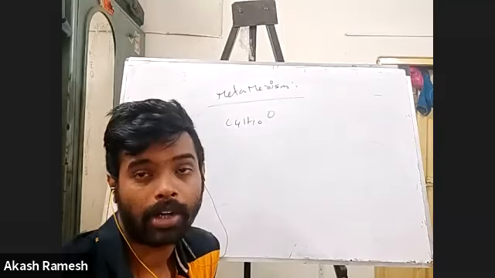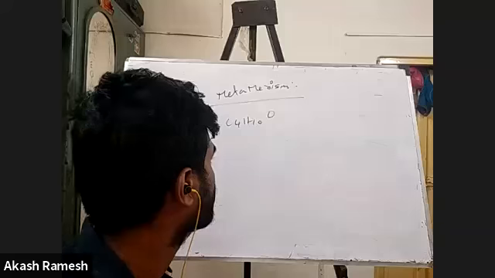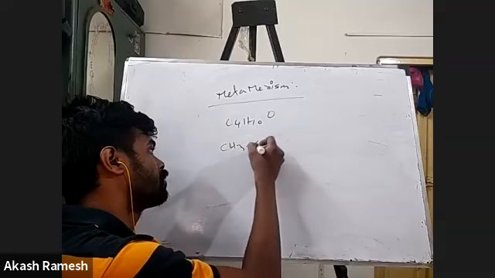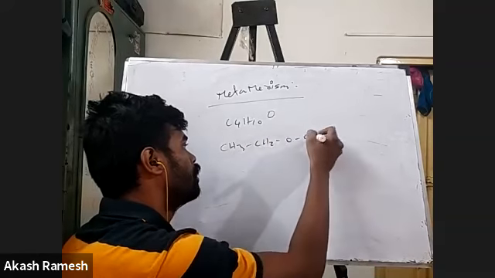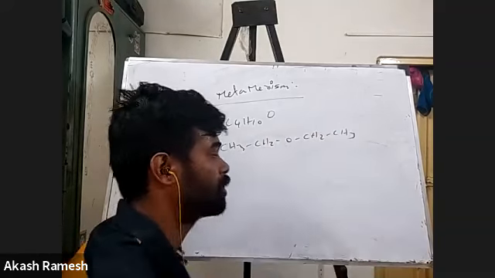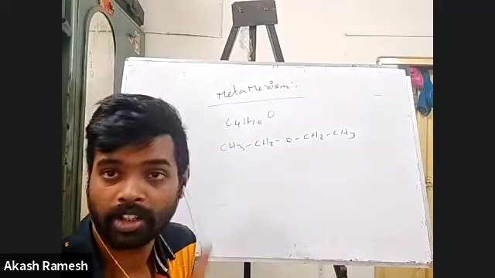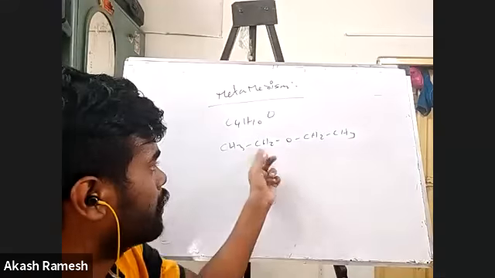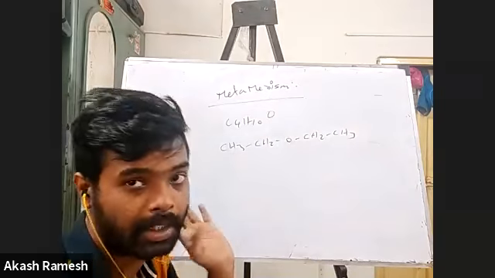Okay, so when I concentrate on ethers, what are the structures of ethers I can write? So one possibility can be CH3-CH2-O-CH2-CH3, right? This is one of the possibilities. Now what you see, in between two carbon atoms, I have an oxygen atom. That is not an issue.